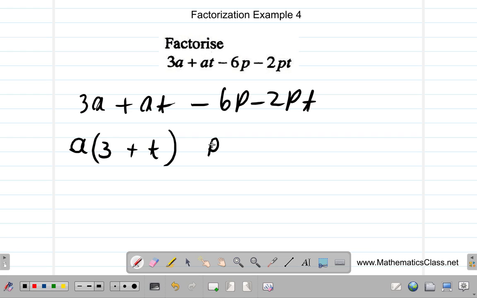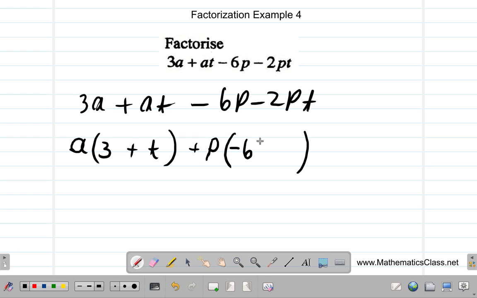Is it to be positive or negative p? Suppose we try a positive p. What you're going to have in the bracket, p times what you put here will give you a negative 6p. What is a negative 6?